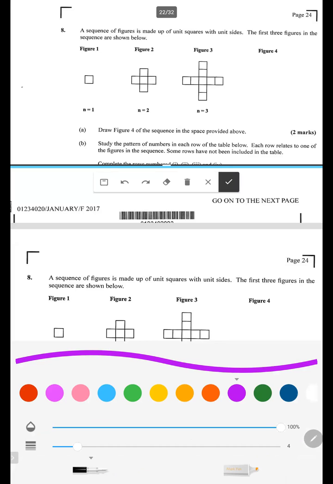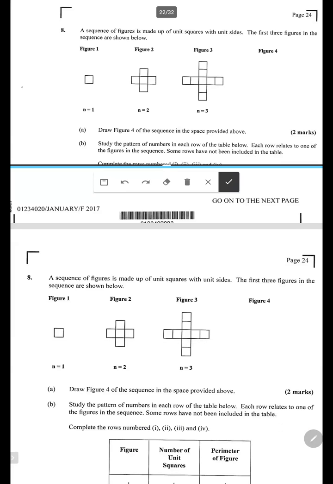Let's use this thing closest to the block. Maybe it has the block and I just don't know how to get it. So anyway, let's draw the 3rd one first. You don't need a ruler in the exam to do this. You can just do this freehand and move on.